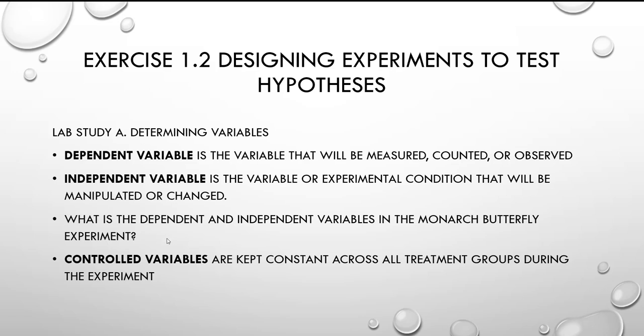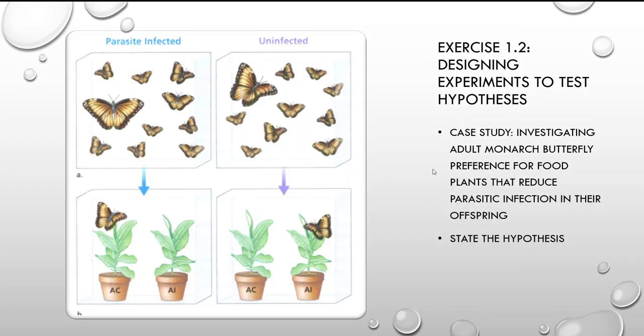Okay, so think about what is the dependent and independent variable in the monarch butterfly experiment. If we go back, we have the parasite infected and uninfected butterflies. So that's one independent variable. And then we also have the plants, right?